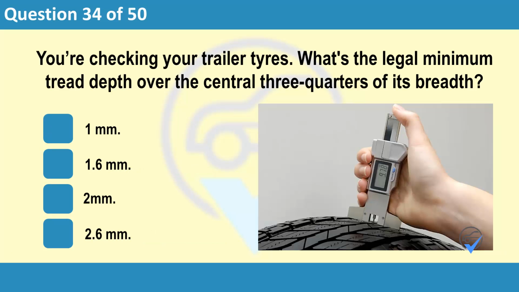You're checking your trailer tyres. What's the legal minimum tread depth over the central 3/4 of its breadth? 1 millimetre, 1.6 millimetres, 2 millimetres, 2.6 millimetres.